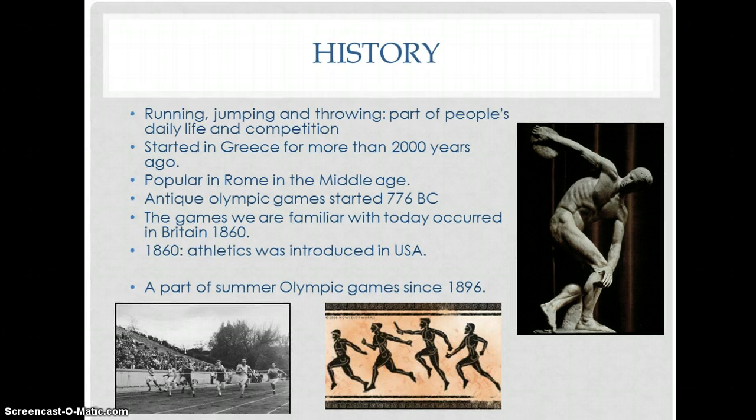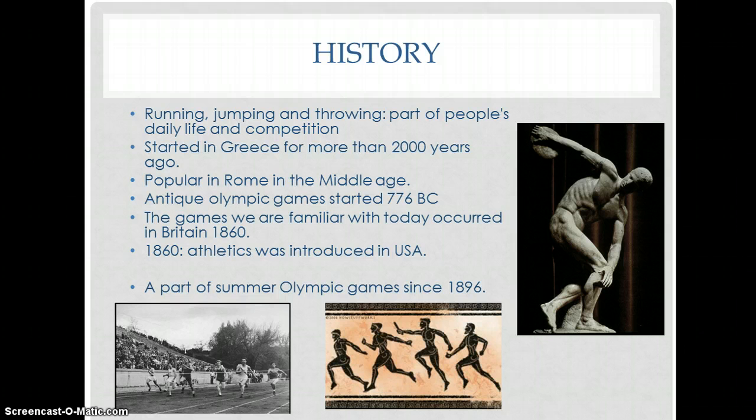First, I'm going to tell you about how athletics developed and its history. Running, jumping and throwing has been a part of people's daily life and competitions for many years, and it started in Greece more than 2000 years ago, and it was also popular in Rome in the Middle Age.